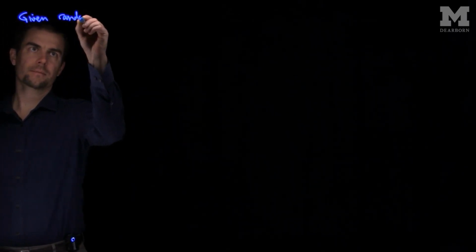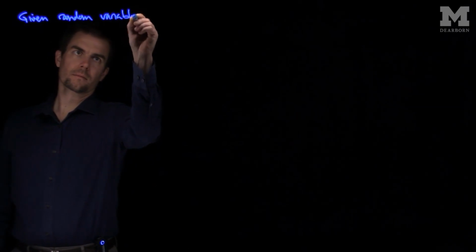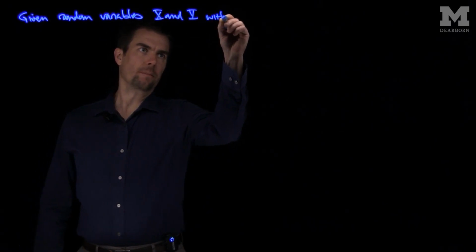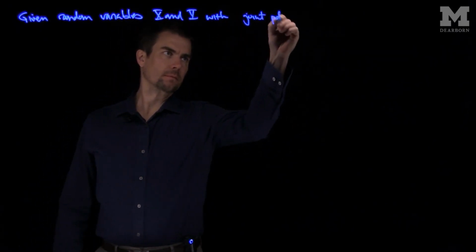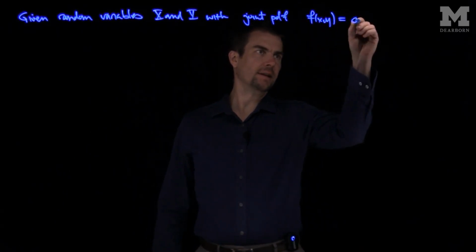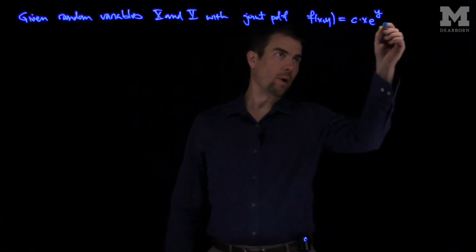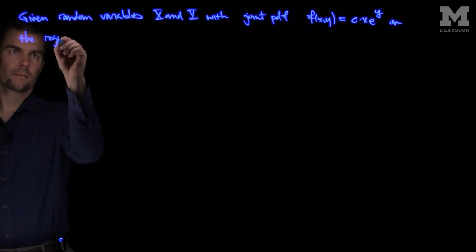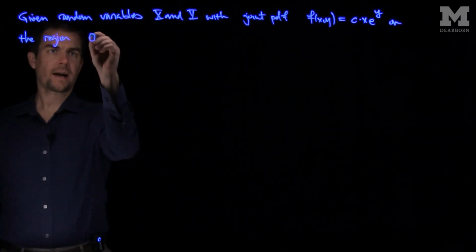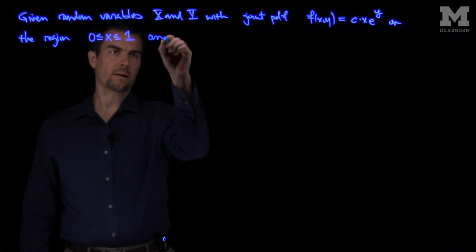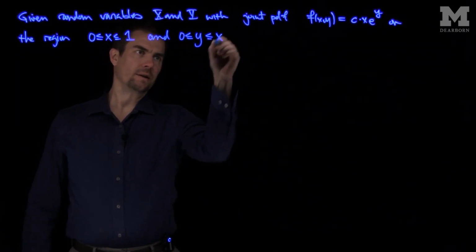If we're given random variables x and y, with joint PDF f of x,y equal to a constant times x times e to the y on the region x between 0 and 1 and y between 0 and x.